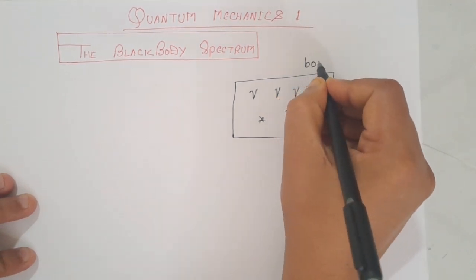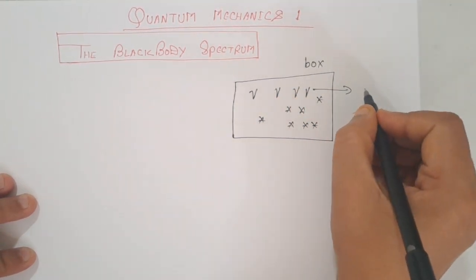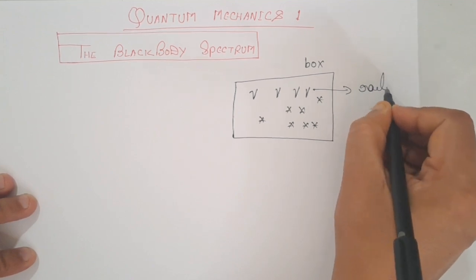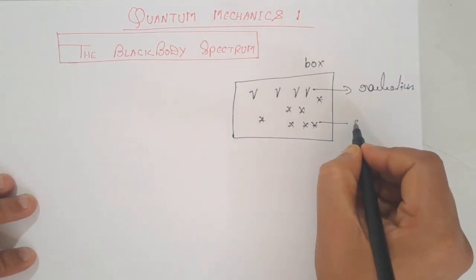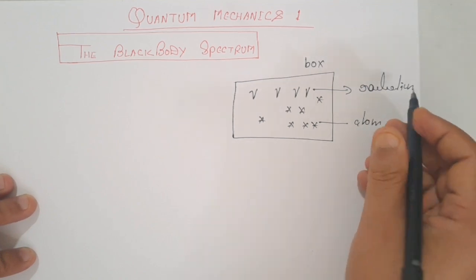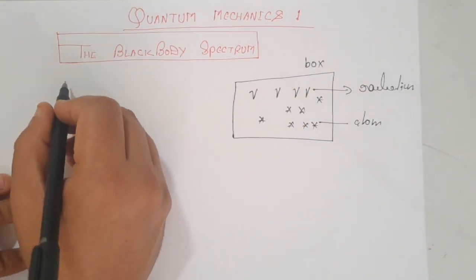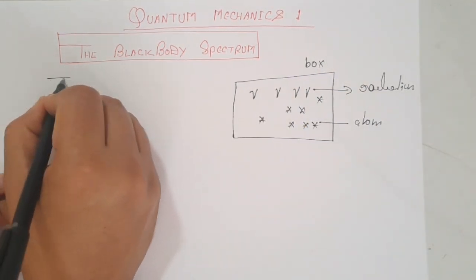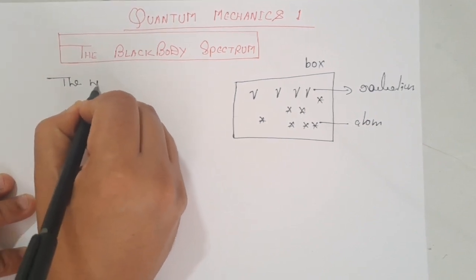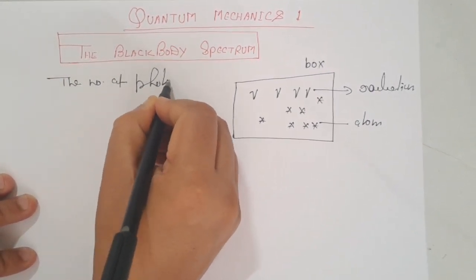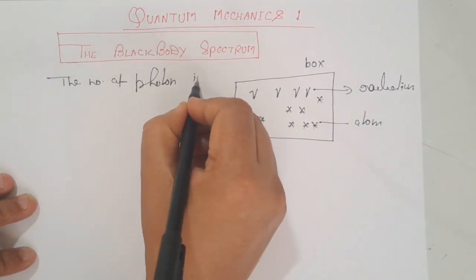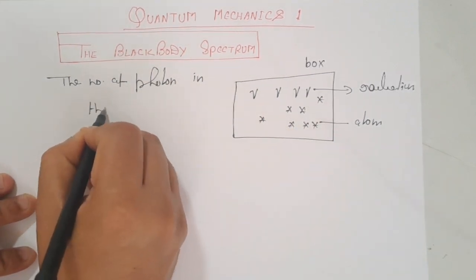This is the box, this is the radiation, and this is an atom. So we have to find the number of photons in the rectangular box.